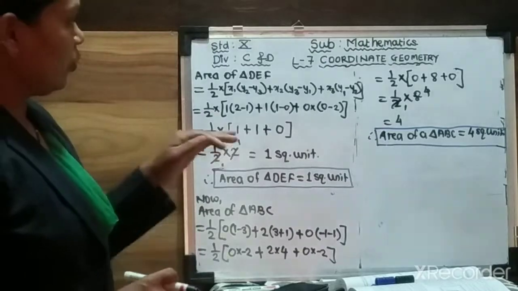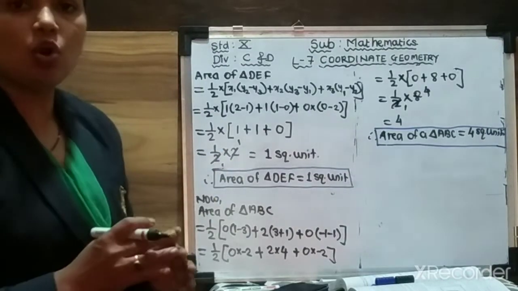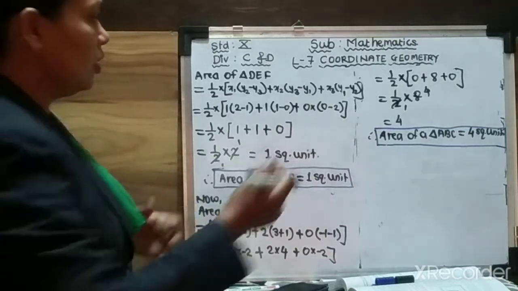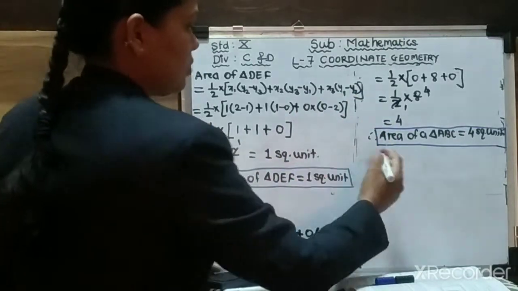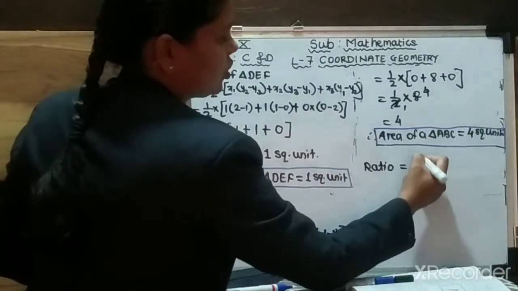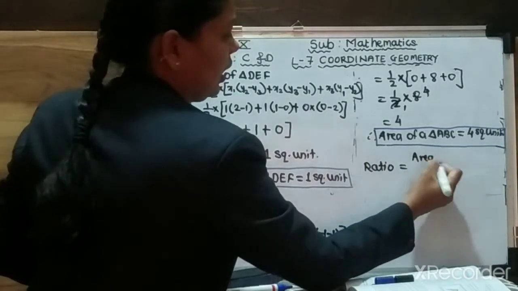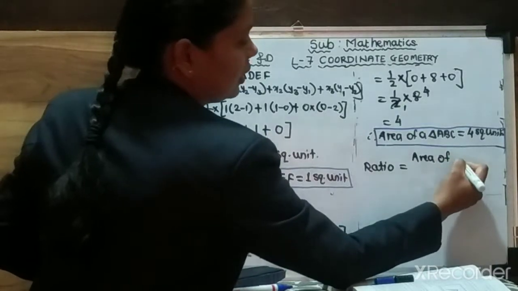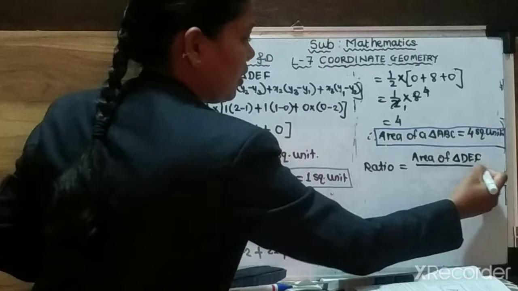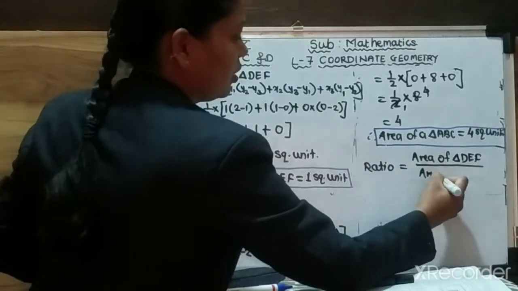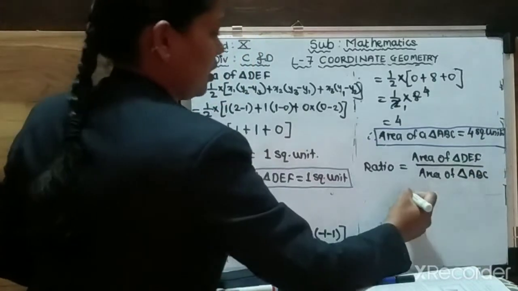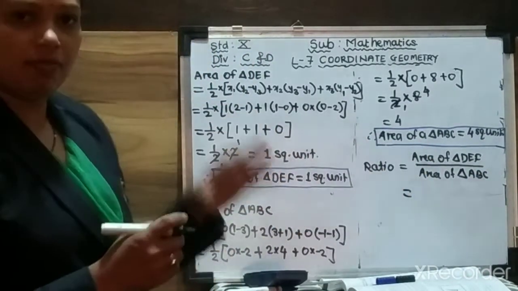Now, in the question it is asked to find the ratio of the triangle to the given triangle. Right? So we will find the ratio. Let us find out. The ratio is equal to area of triangle DEF upon area of triangle ABC. Understood why I have taken DEF first?